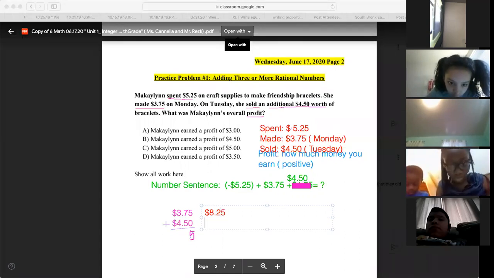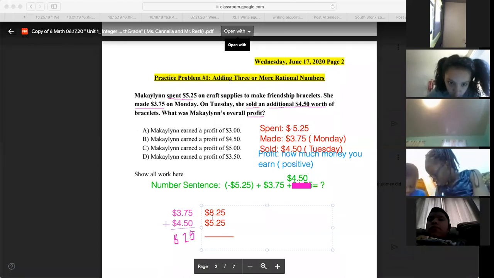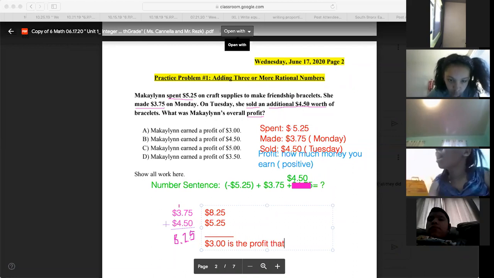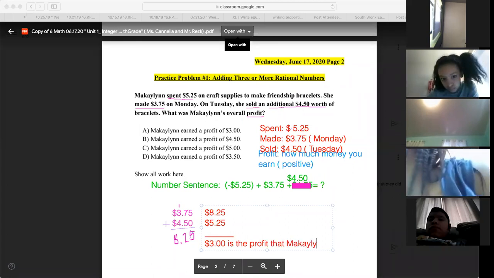And now we're going to subtract that from $5.25. When you do all that math, you're going to now get $3. So it's going to come out to be $3.00 is the profit that McKaylin earned.